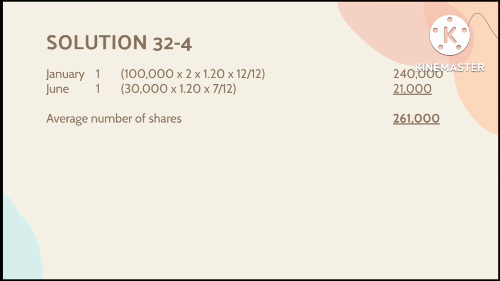We included the share split recorded on March 1 in the January 1 computation because a share split is treated retrospectively. Meaning, we assume it also happened in the previous months. On June 1, we have 30,000 additional shares times 120% times 7 over 12, equal to 21,000. So, the weighted average number of shares is 261,000.